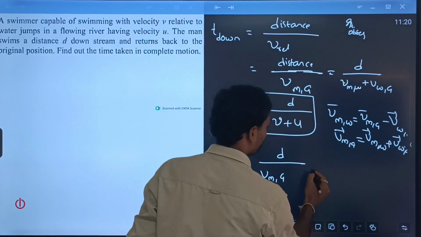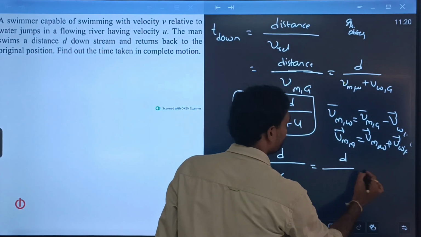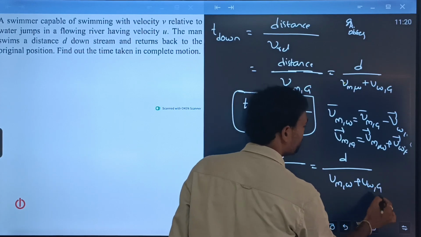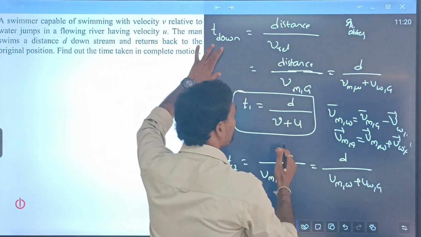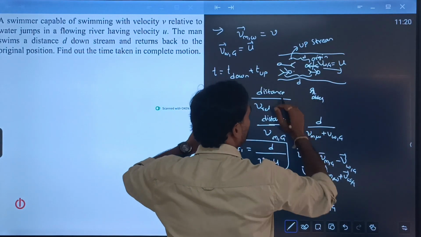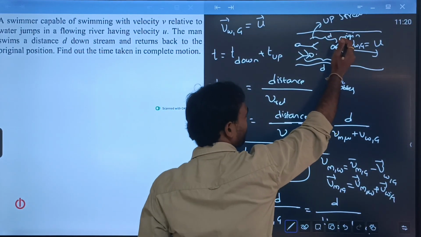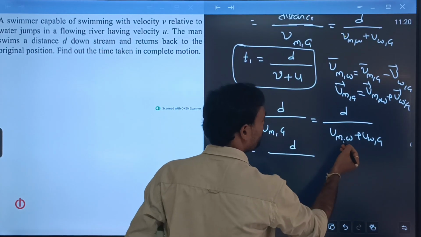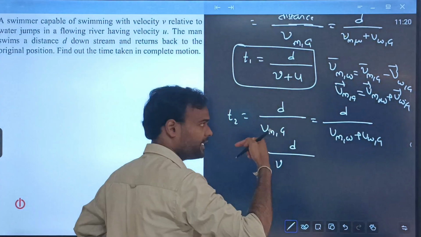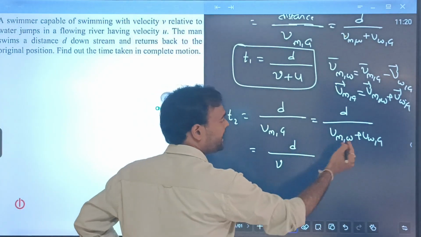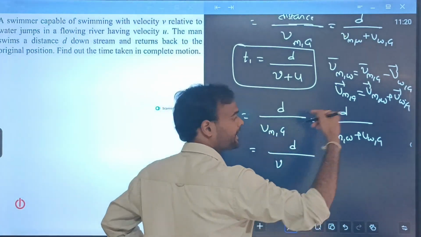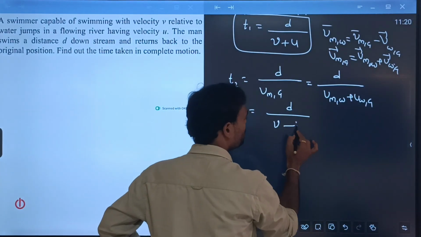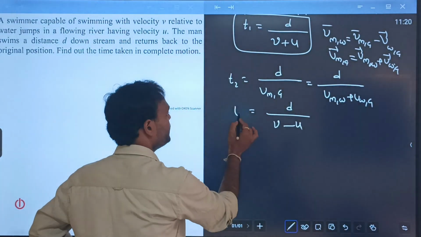Now, velocity of man with respect to ground is velocity of man with respect to water plus velocity of water with respect to ground, and we are considering the leftward direction as positive because he starts his journey from here and moves leftward. Now, velocity of man with respect to water, leftward, I am considering as positive, that's why v. And velocity of water with respect to ground is rightward, as the river is flowing in the rightward direction. So we are keeping it as minus u. This is what t2 is.